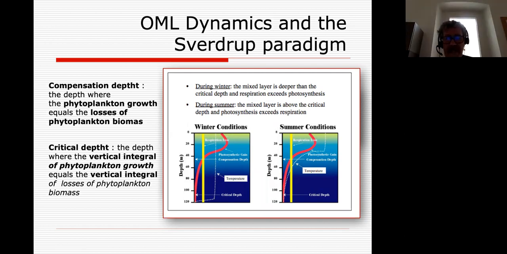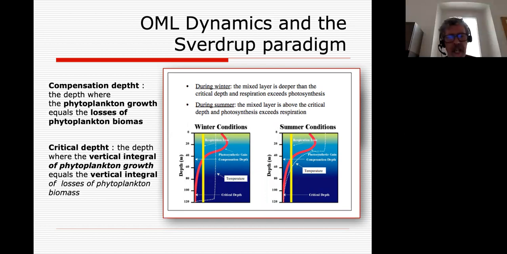This affects the capability to grow, while the respiration is more or less constant. So the phytoplankton growth is reduced and made negative. During winter, respiration, so the losses, exceed the growth, and the total amount of phytoplankton during the deep mixed layer is low.